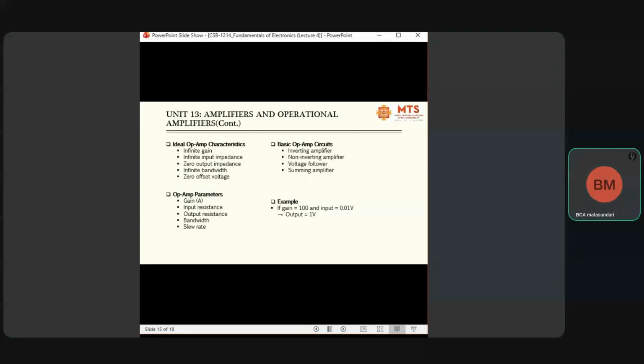Basic operational amplifier circuits are inverting amplifier, non-inverting amplifier, voltage follower and summing amplifier. Example: if gain equals 100 and input equals 0.01 volt, then output will be 1 volt.